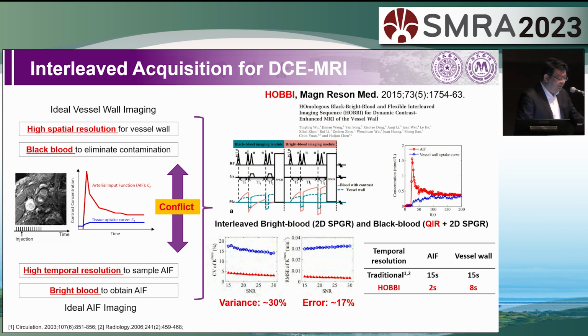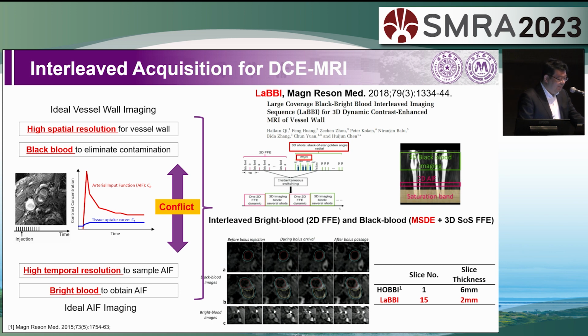It can reduce the variance and error of the pharmacokinetic analysis. And this is another advanced version, we call it LABI. We further use 3D SOS acquisition to have a larger coverage.